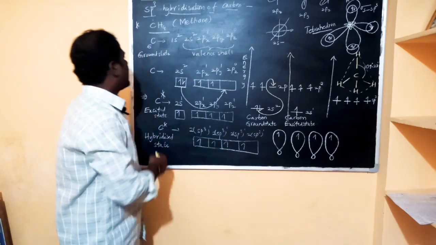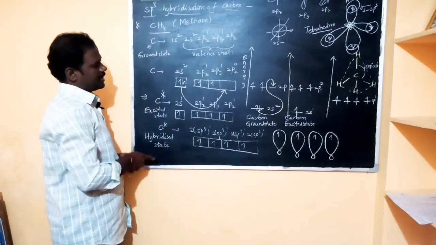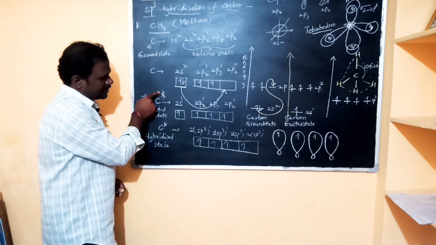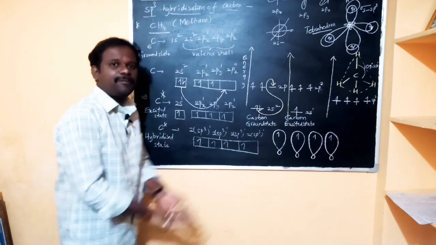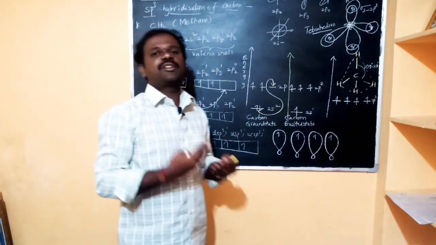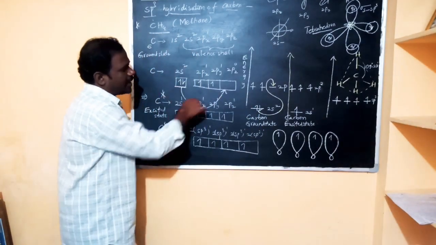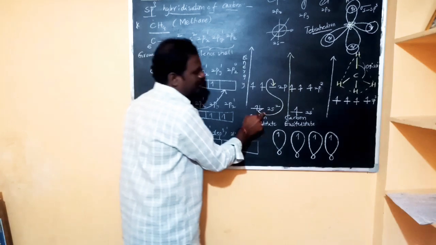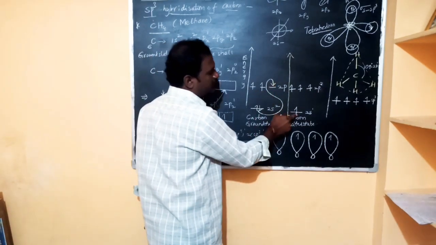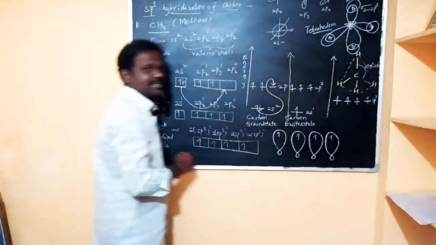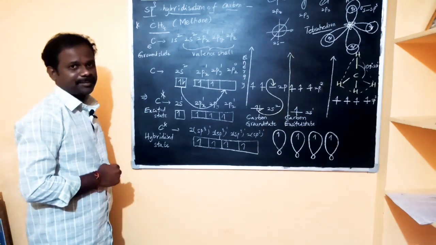But in its excited state, carbon's excited state, by the absorption of heat energy, otherwise absorption of light energy, one electron from the lower energy level can jump to the higher energy level, forming 2s1 and 2p3 as the electronic configuration.